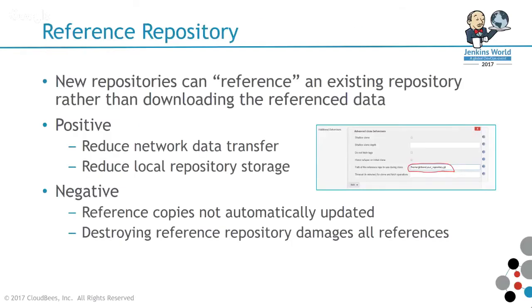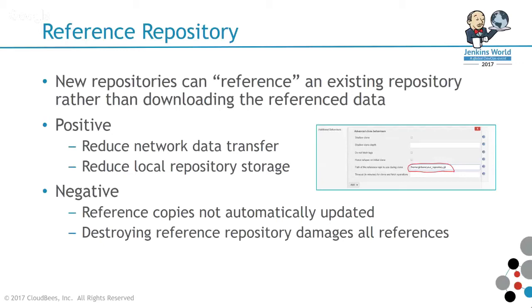So a reference repository is a local copy of the remote repository, and Git can reference that existing repository rather than downloading the reference data. So imagine, if you will, a spot on your file system where you put a copy of your repository and everybody else on that computer points to it instead of downloading it again for themselves. Big benefit, it reduces network data transfer.